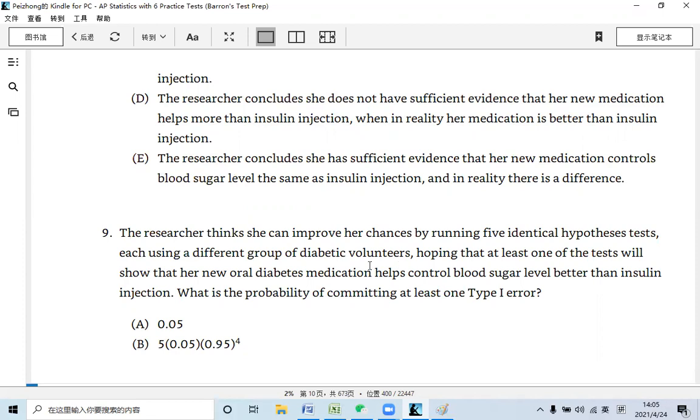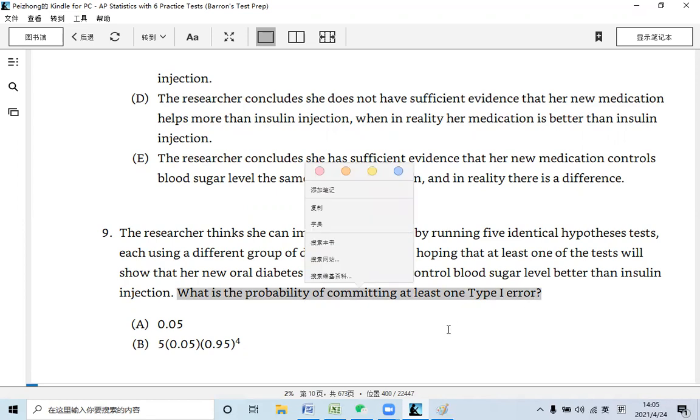What is the probability of committing at least one type 1 error? At least one type 1 error. That's a really wordy question.